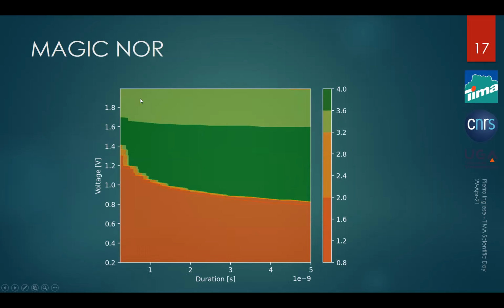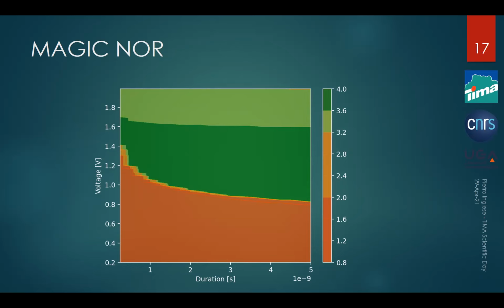The light green area is an area where the output is correct, but one of the inputs is not correct anymore, meaning that there has been the so-called input destruction. That is what we try to avoid, since if we want to do a more complex operation and we want to reuse the inputs, we need them not to change.